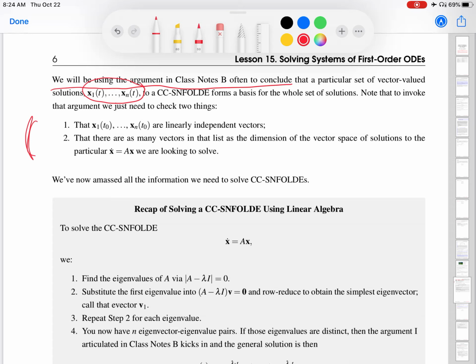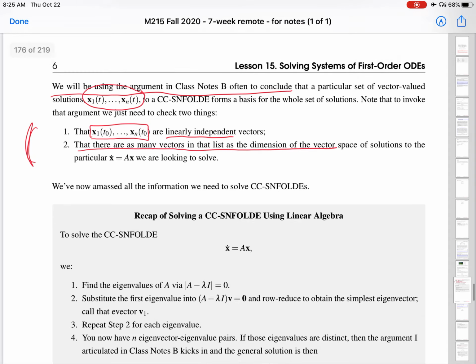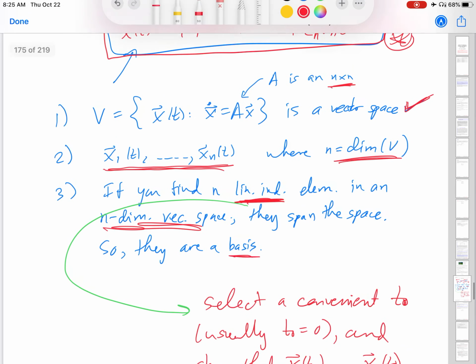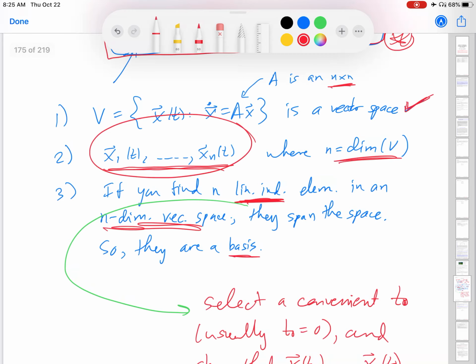So assuming we found those same number of solutions, we want to plug in our favorite t-value, again, usually 0. You'll see that in the next video. And we want to show that the vectors we get are linearly independent. If that's true, and if there are as many vectors as the dimension of the vector space, then the argument that we just developed up here kicks in and shows that indeed these n solutions that we found form a basis.